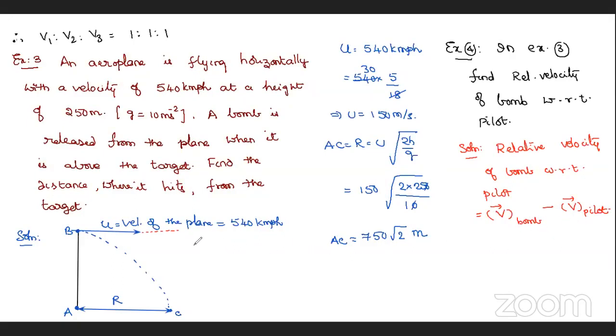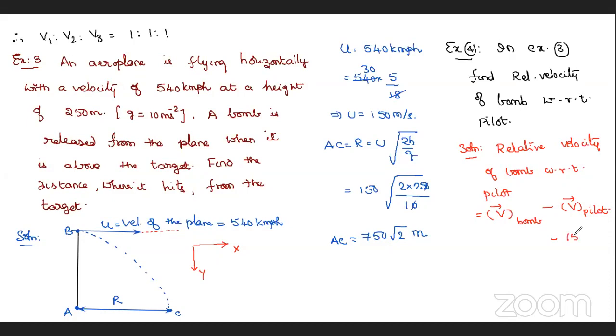For your sake, I am giving a sign convention, a coordinate system. Take this as the x-axis and this as the y-axis. The pilot is moving along the x-axis. The velocity of the pilot is nothing but the velocity of the aeroplane, which is 540 km/h, that is 150 meters per second.